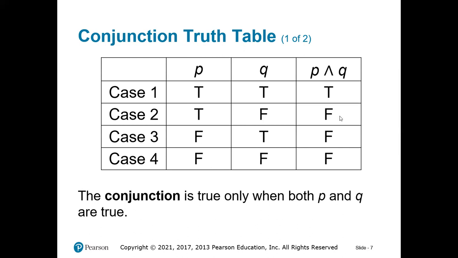True and false is false. False and true is false. And if they are both false, false and false is false. So as you can see, the only case where the conjunction is true is when both P and Q are true, otherwise it is false.